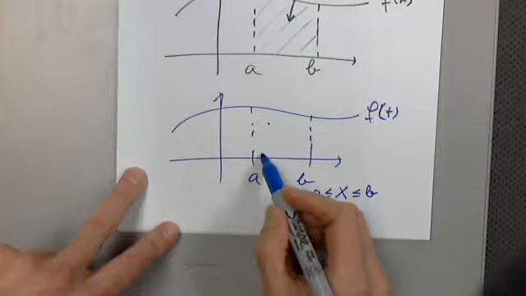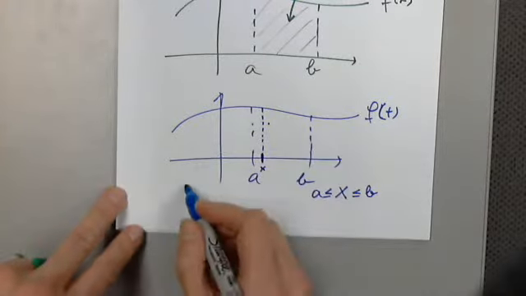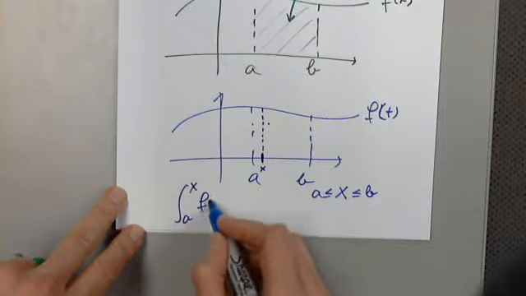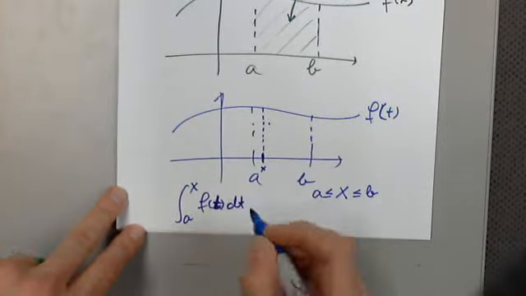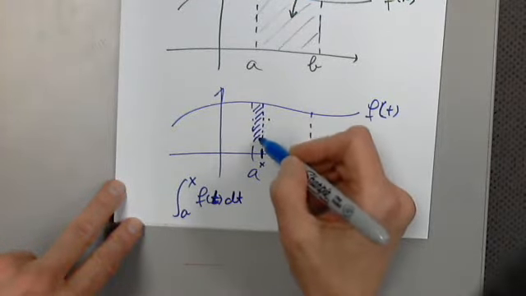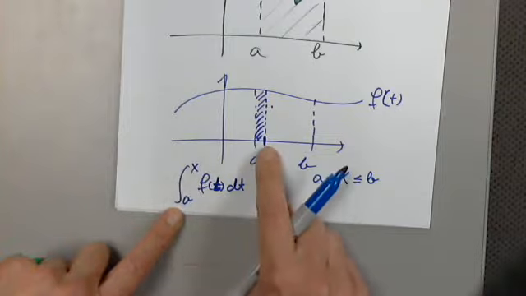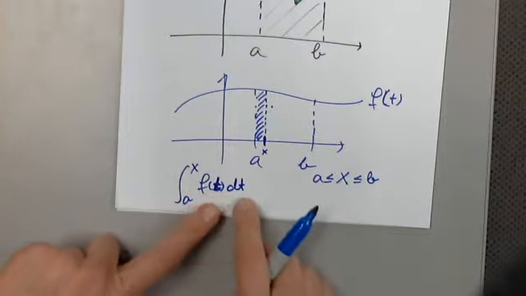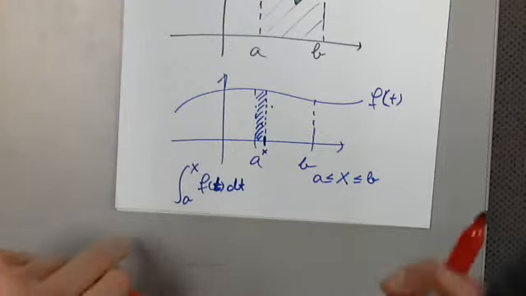So let's say at some point in time, this is my x. And the integral from a to x of f of t dt is this area. Would you agree? The integral from a to x, if x is here, of f of t dt is this piece. Agreed?